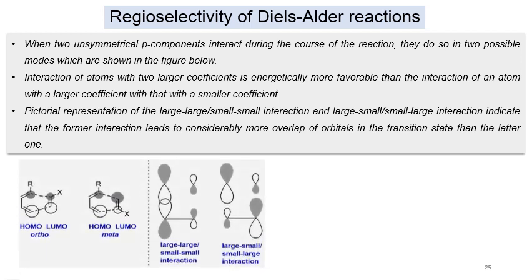So when two unsymmetrical p components interact during the course of the reaction, they will do so in two possible modes, as you can see here.